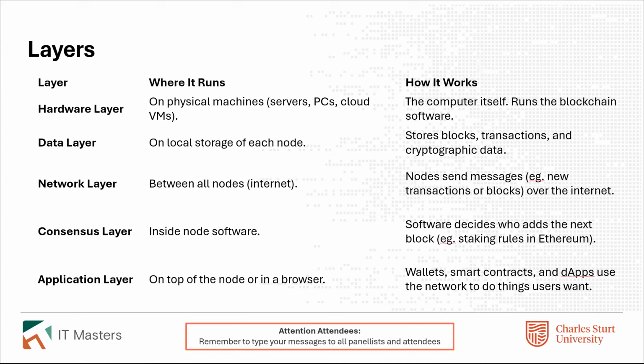We've got the data layer, which is the local storage of that node. It stores the blocks, the transactions, and cryptography data. The network layer, it's communicating with the internet. So it communicates, I should say, between nodes, not necessarily the internet, but it is. We've got the consensus layer. We've talked about that. It decides who's going to do what.